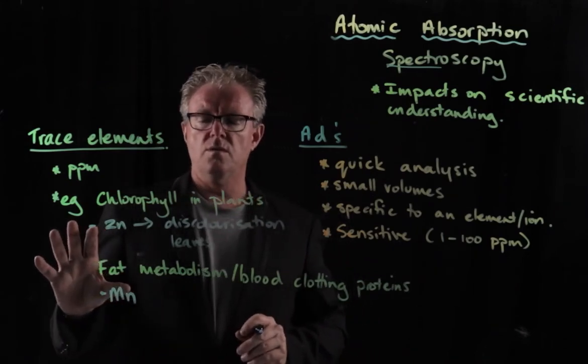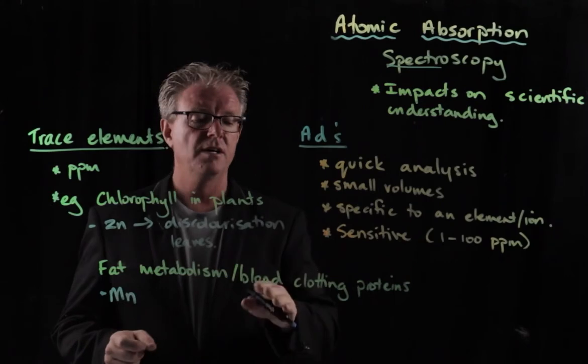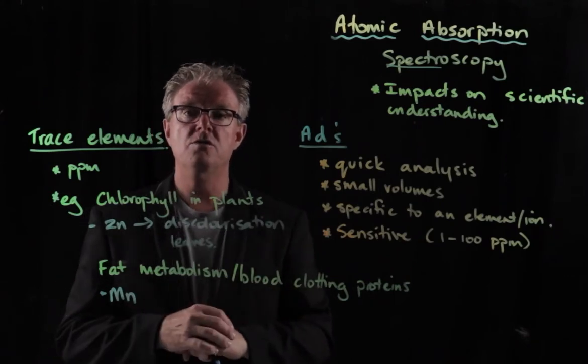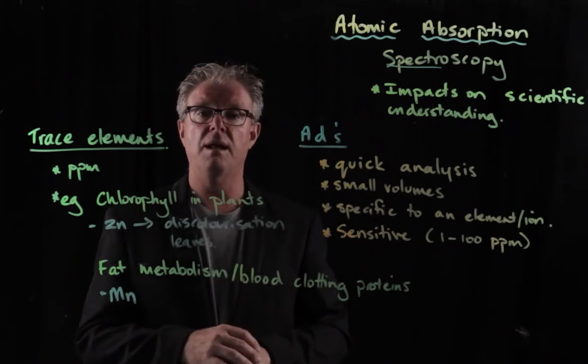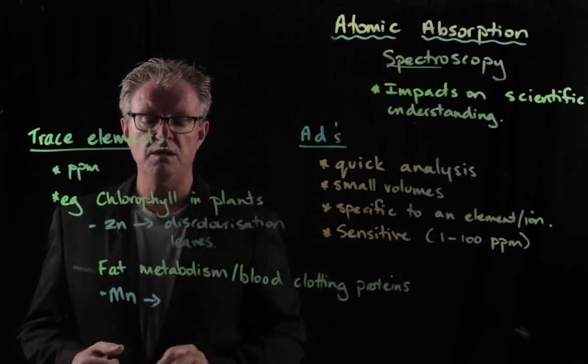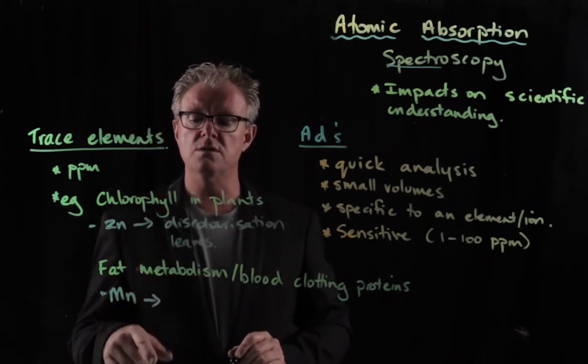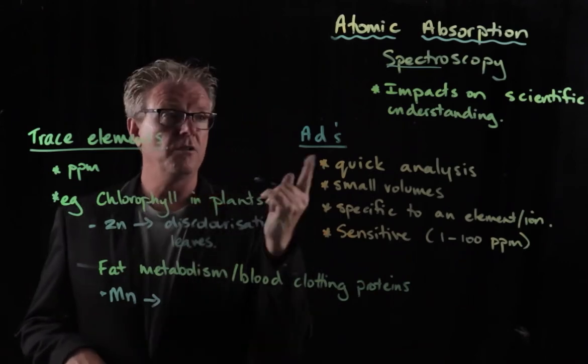It was found that sheep didn't have enough of this micronutrient for their health, and they were being affected in their blood clotting proteins, and we found out the importance of this trace element for sheep by the use of this technique.